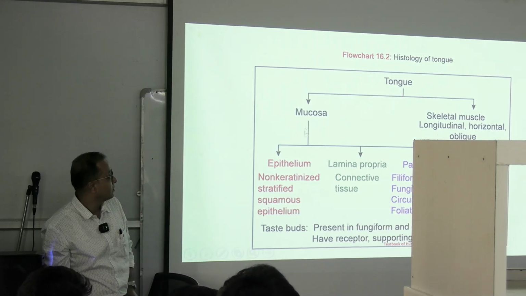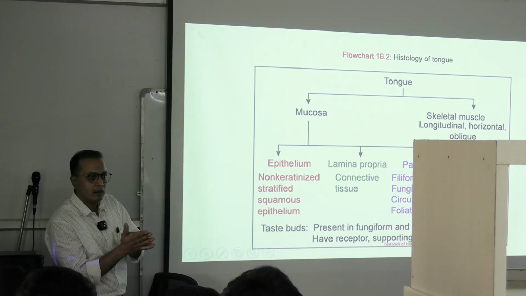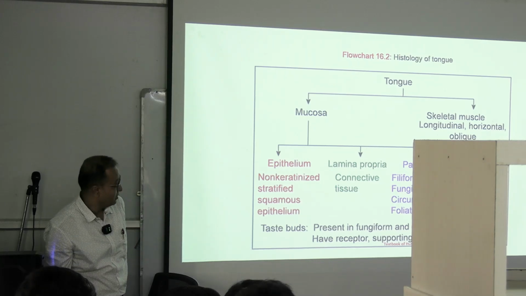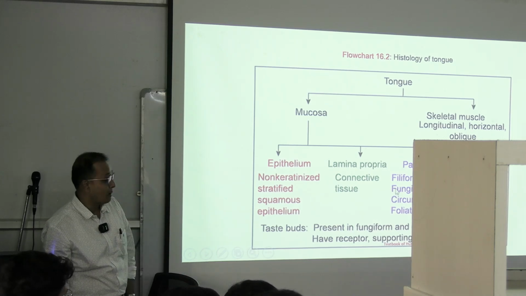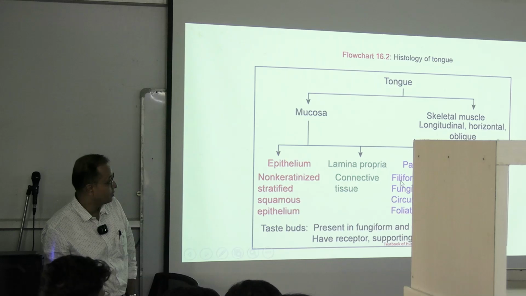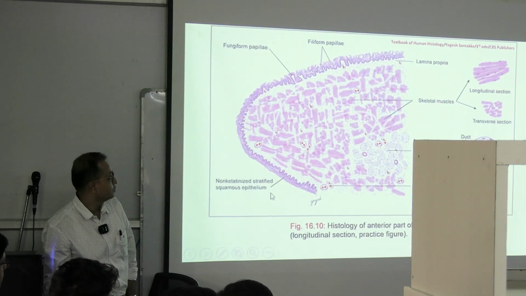So, mucosa and skeletal muscle are basically pasted one after another, and we have very few areas of glands existing under the papillas, and these papillas are of 3 shapes, predominantly filiform, fungiform, circumvallate, and the epithelium is non-keratinized, stratified, squamous epithelium.